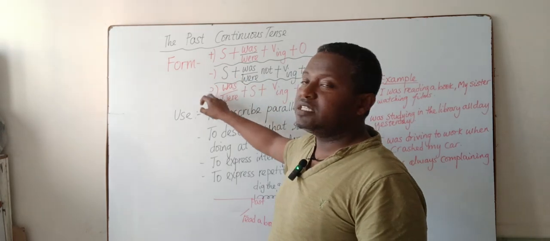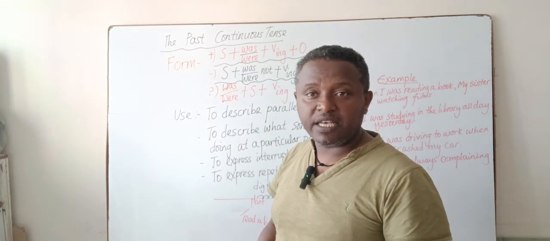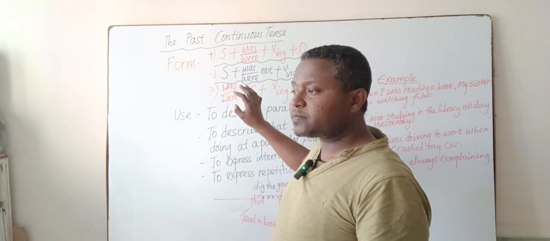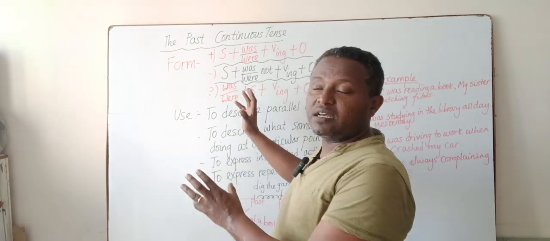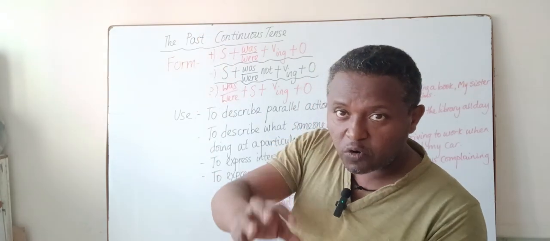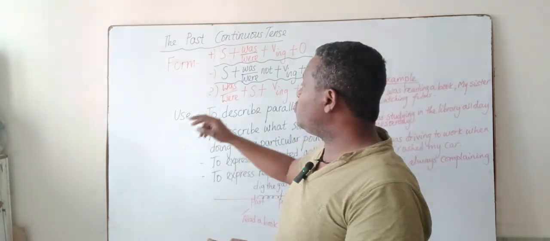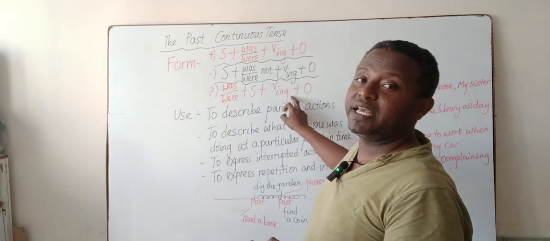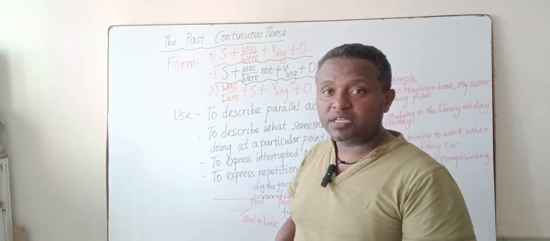And the third one is an interrogative sentence or statement. When we want to construct an interrogative statement, we commonly bring forward the be verbs. So was or were comes first, followed by the subject, and then the verb ing, and the object comes last.